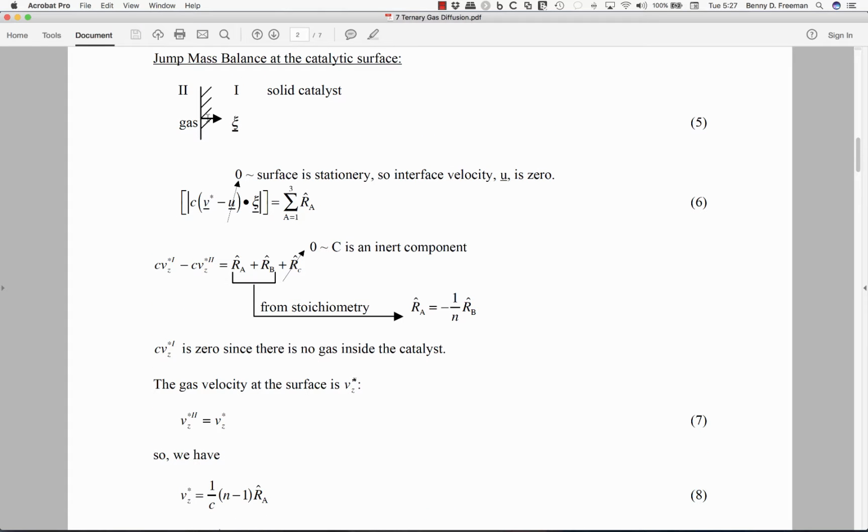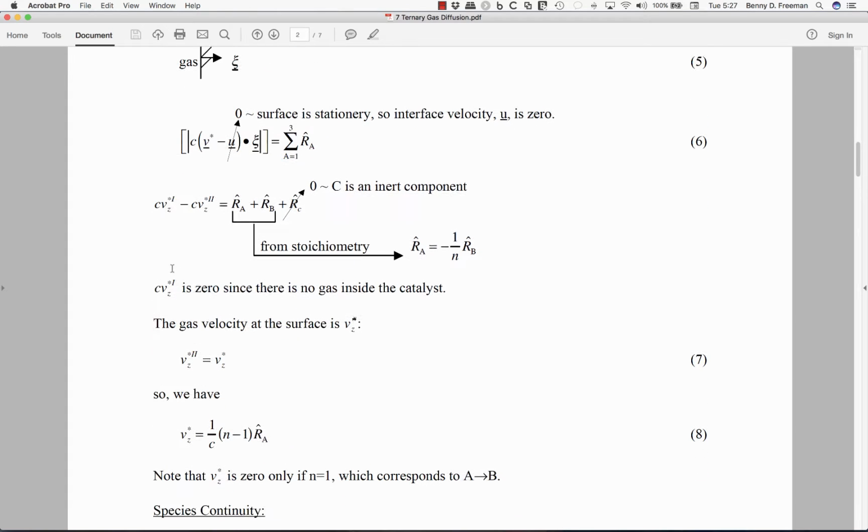There is no gas dissolved in this catalyst, and so the concentration of gas in phase 1 is equal to 0, so this term goes away.